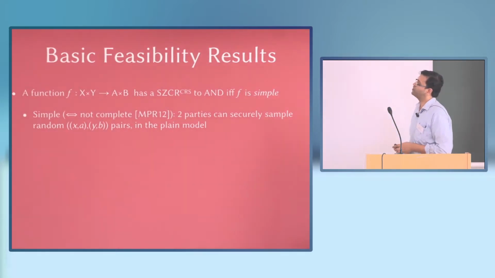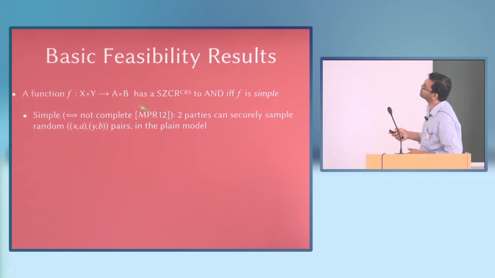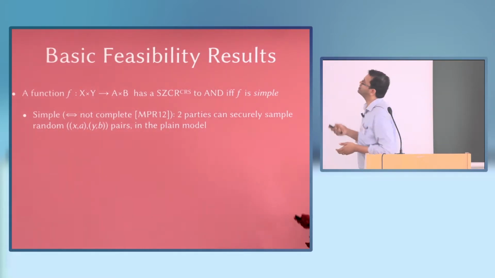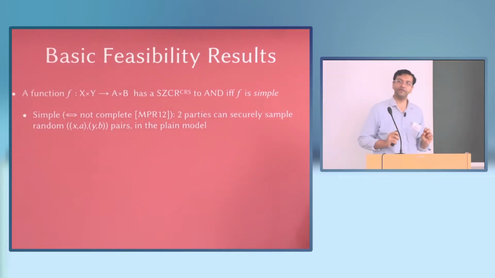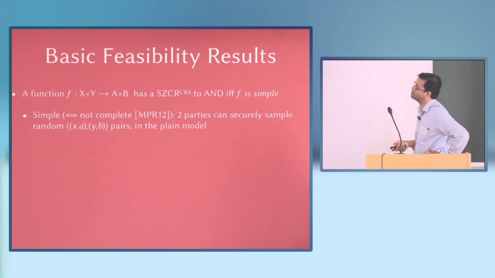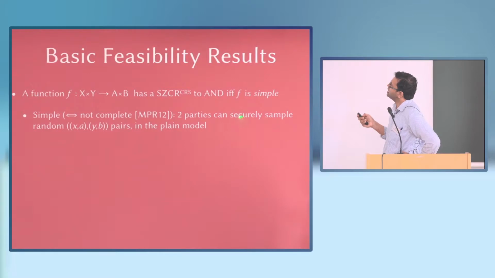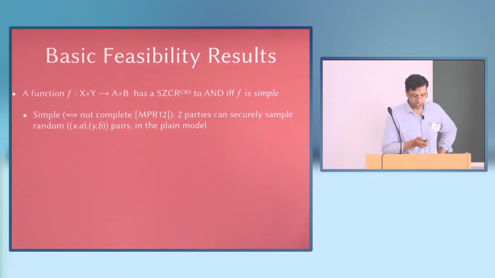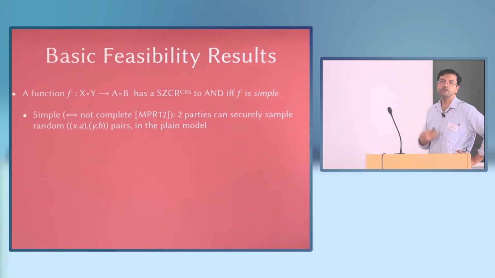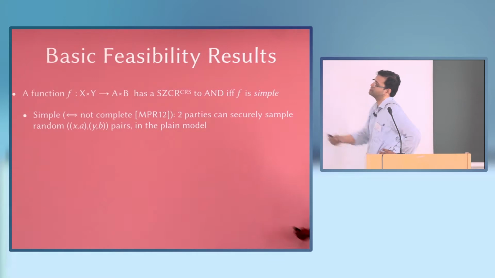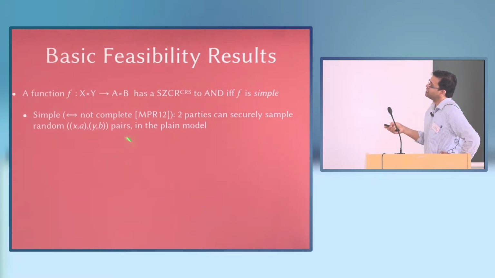Just a couple more basic results. So why not do the Caesar with CRS and AND? Well, you cannot do it unless the function is simple. And what do I mean by simple? There's a technical definition from some time back. There are many ways to say what a simple function is, but think of it as if the inputs are also picked randomly, and if it's a randomized function, the outputs are sampled correctly.